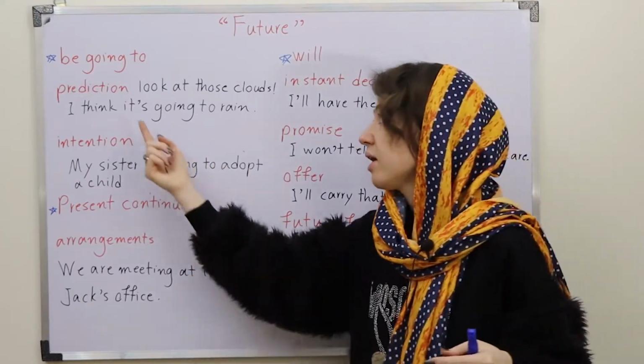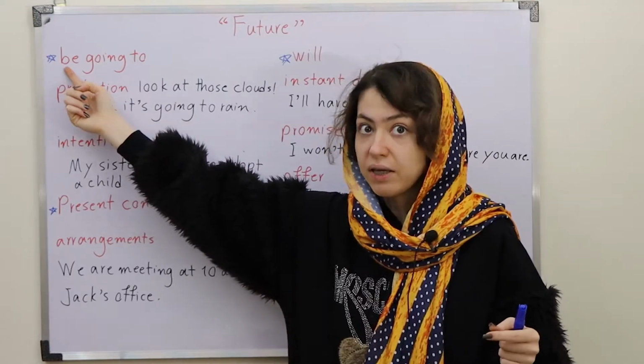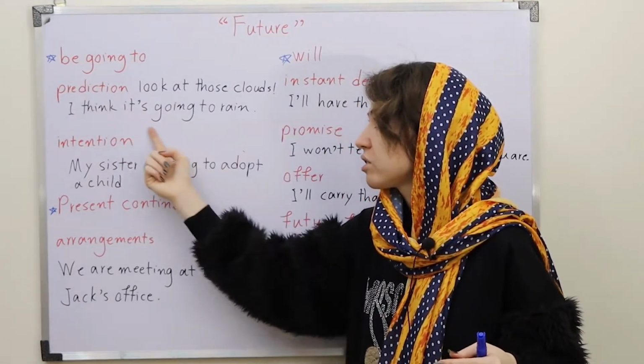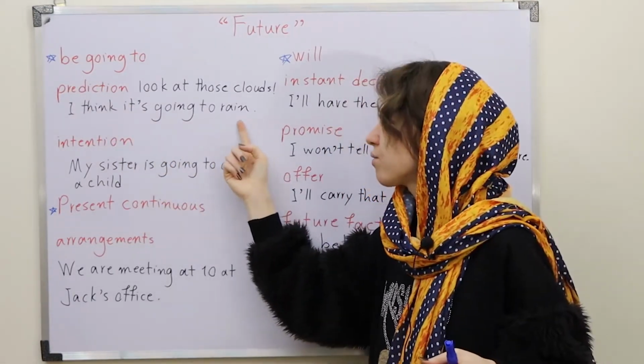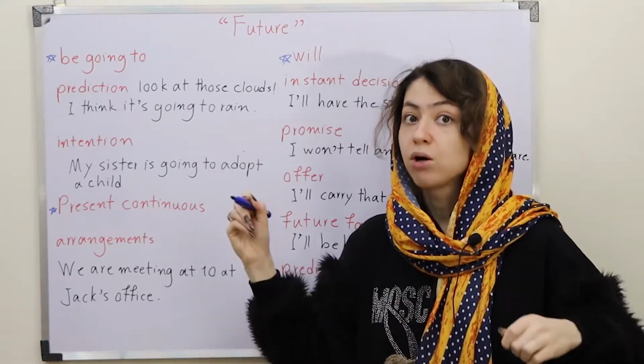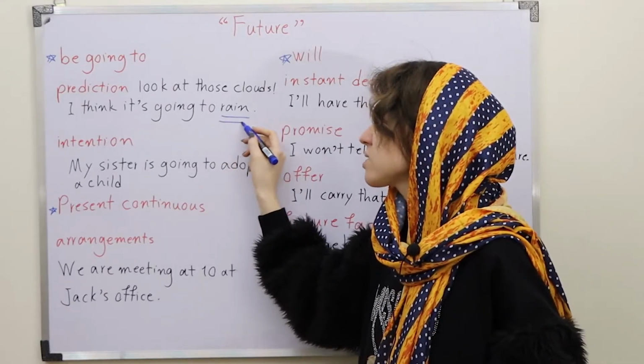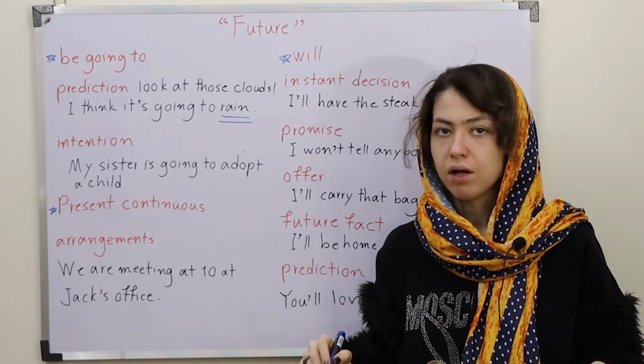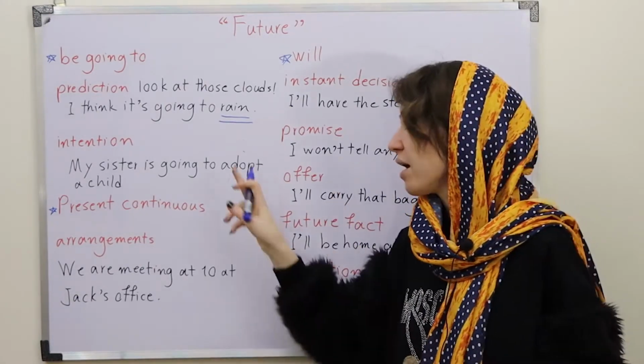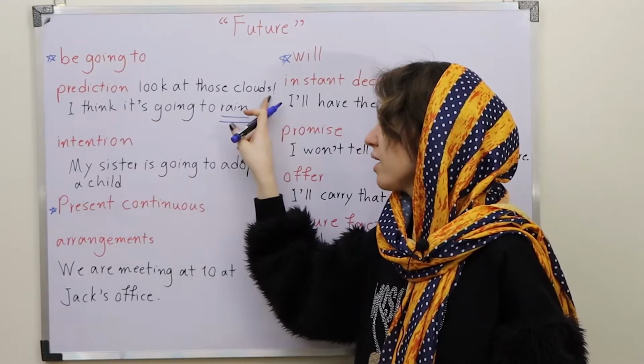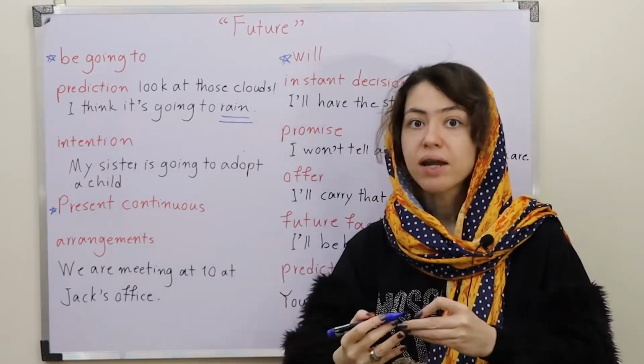Is going to is the fixed part. After be going to, your verb is simple, the base form, bare infinitive. Look at those clouds. I think it's going to rain.